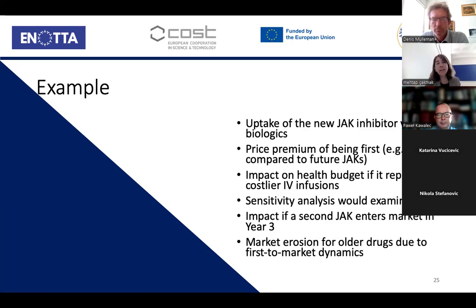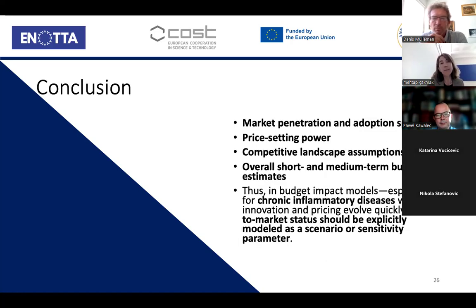And sensitivity analysis will examine impact if a second JAK enters market in year 3 and market erosion for older drugs due to first market dynamics. To conclude, market penetration and adaptation speed and price setting power, competitive landscape assumptions, overall short and medium-term budget estimates.